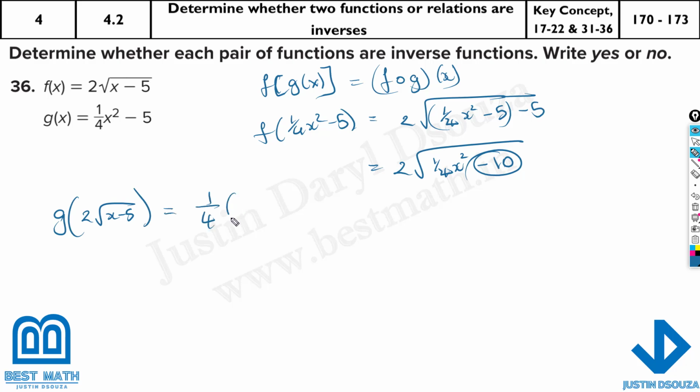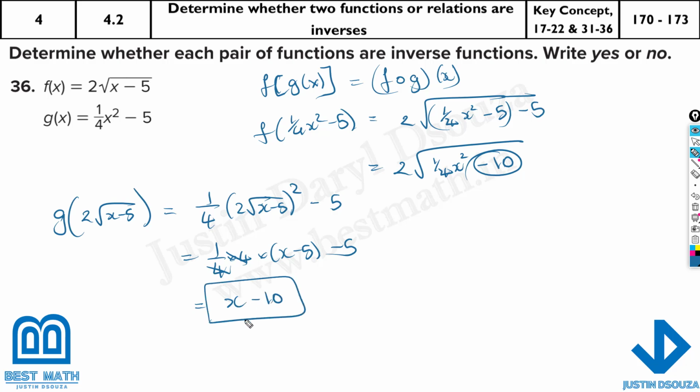Here we have, instead of x, 2 square root x minus 5 the whole square minus 5. Now here 1/4 remains. This is going to be 4 multiplied by 4, and we have x minus 5 and minus 5. This 1/4 and 4 cancel. But here you have x minus 5 minus 5, which will be minus 10. So no, they are not inverses of each other.